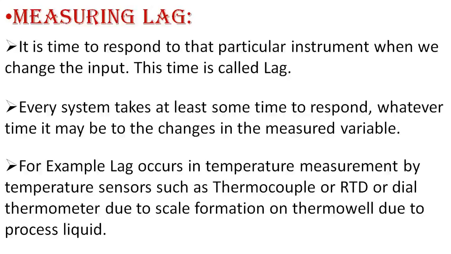For example, lag occurs in temperature measurement by a temperature sensor such as a thermocouple, RTD or dial thermometer, due to scale formation on the thermowell due to the process liquid.